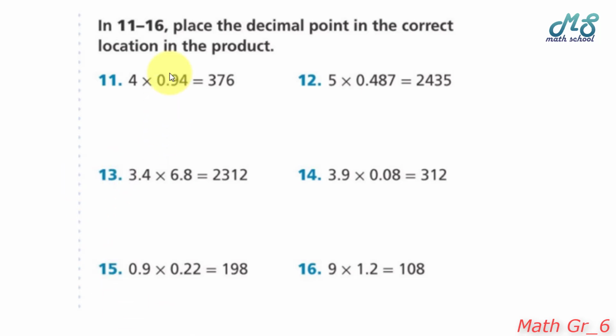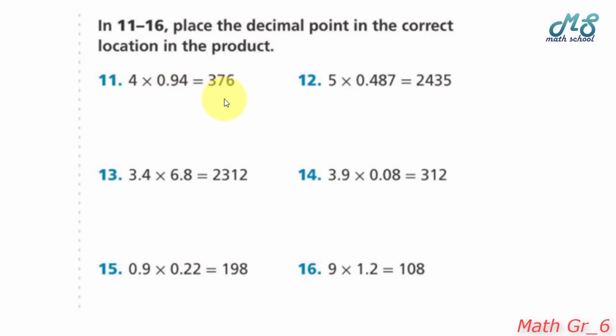In all these examples, we have the product, but without the decimal point. How can we insert the decimal point according to the decimal factors we studied? To multiply 4 by 0.94, just multiply 4 by 94. Means you have to ignore the decimal point.